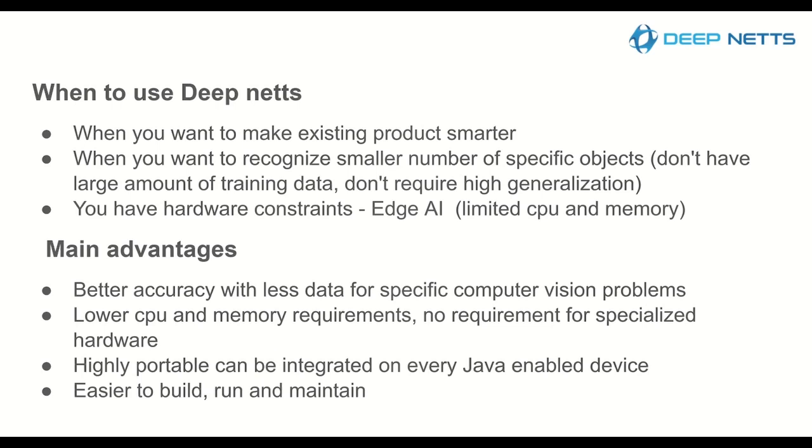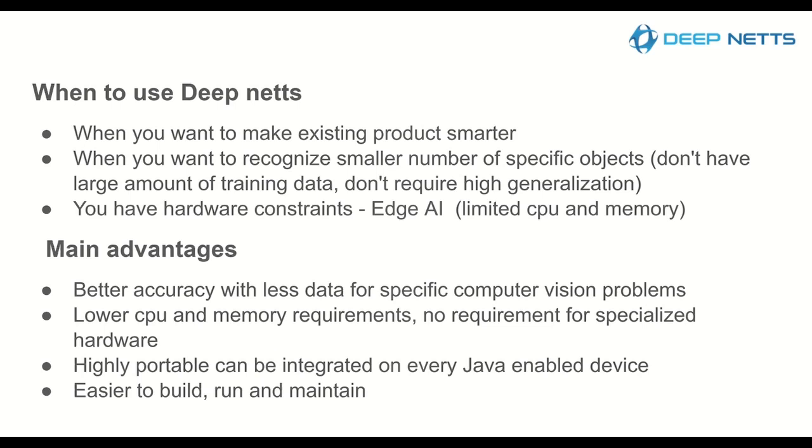And when you don't have huge amounts of data, when you have a smaller number of specific objects to recognize, for example, then it is difficult for you to gather a large amount of training data, and you don't require a high level of generalization to deal with all the different variations of the input.